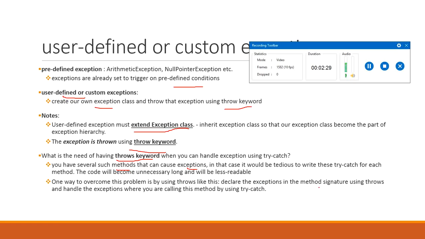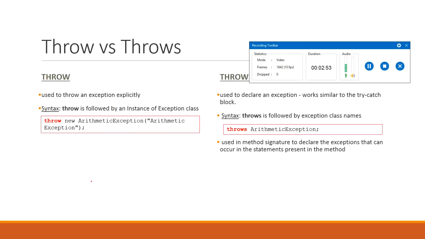Declare the exception in the method signature using the throws keyword and handle the exception whenever you are calling the method. So basically the throws keyword is used with the method signature, because we know that this method may throw a certain kind of exception, and the exception will be handled when we call the method by using a try catch block.